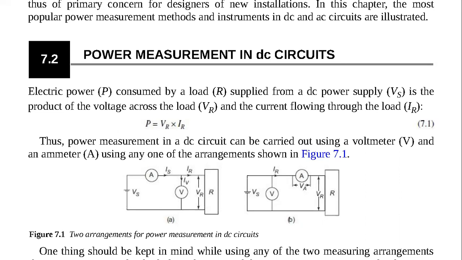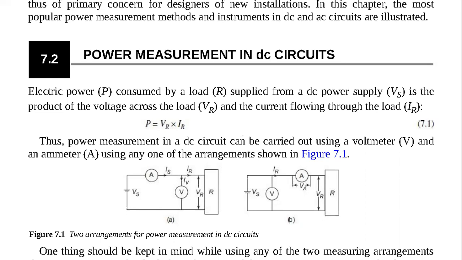So electric power consumed by the load R, this is our load going by figure 7.1, will be calculated by multiplying the voltage across the load times the current that is flowing in the load.